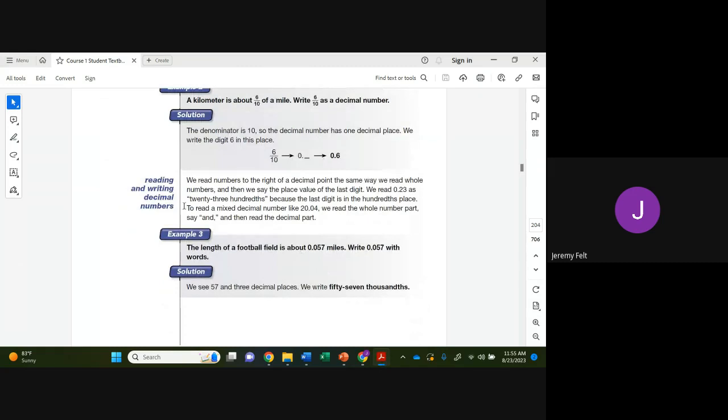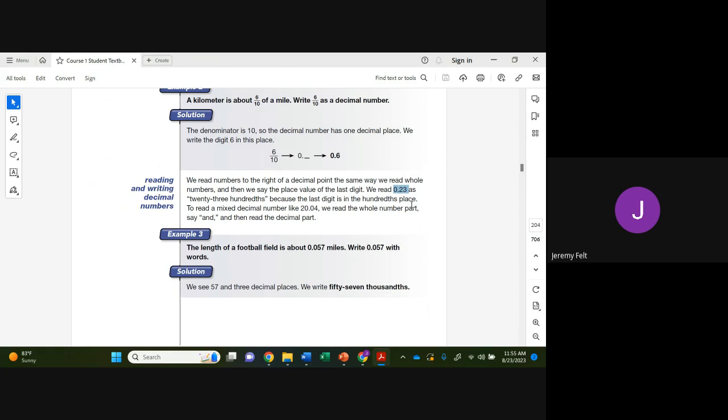Down below here, reading and writing decimal numbers. We read numbers to the right of a decimal point the same way we read whole numbers, and then we say the place value of the last digit. As I said, for this example, just because it saves a little bit of time, I would probably say 0.23, or since we don't have to write in the 0, if there's nothing there, we know it's a 0. So a lot of times I'll just say 0.23.